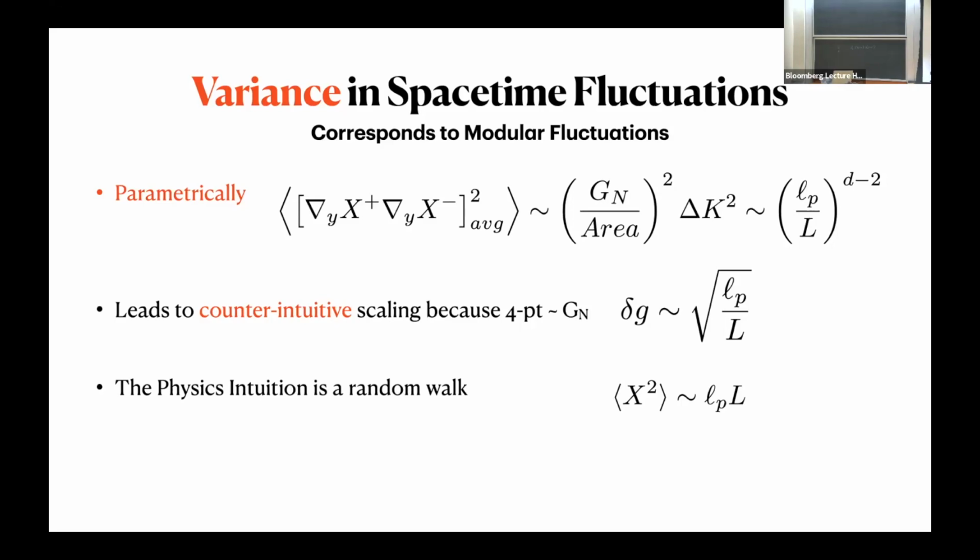Yeah, so this second line, that's right, it's not the gauge invariant observable. What I'm explaining is why these calculations parametrically give the scaling that they do. It's that you have the 4-point function of these shifts that go like G Newton.